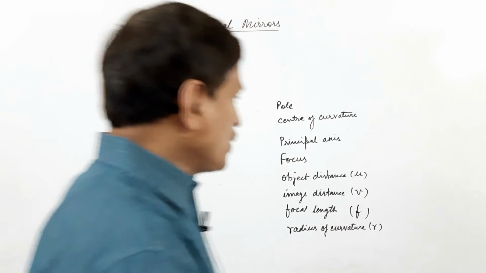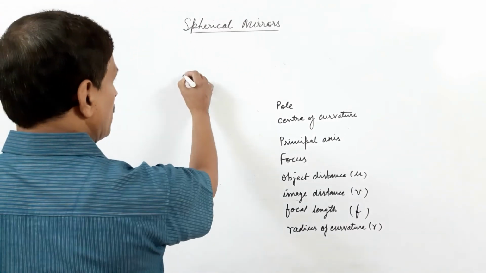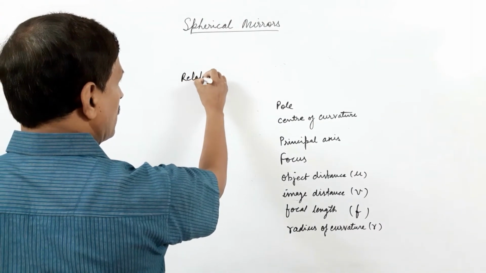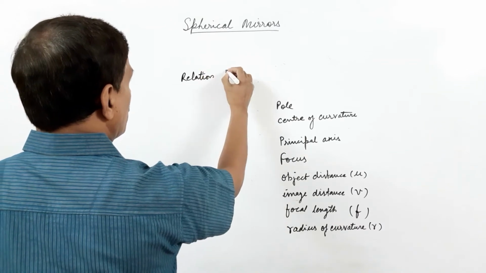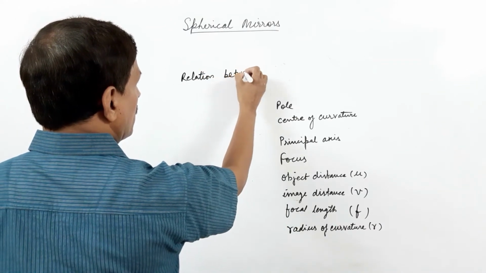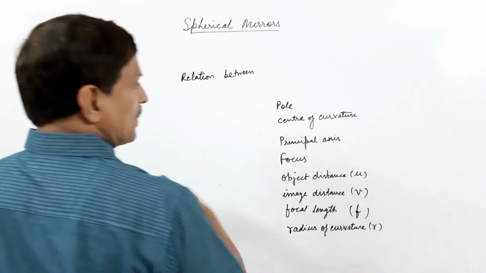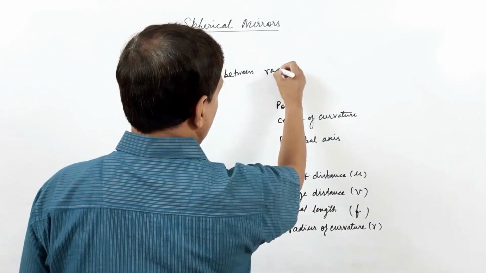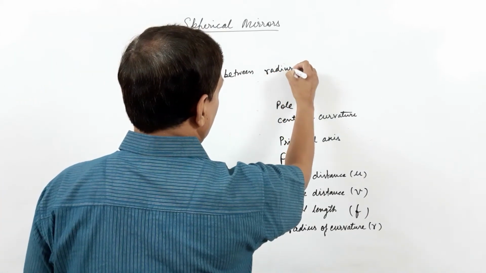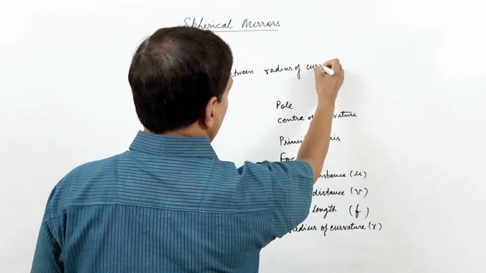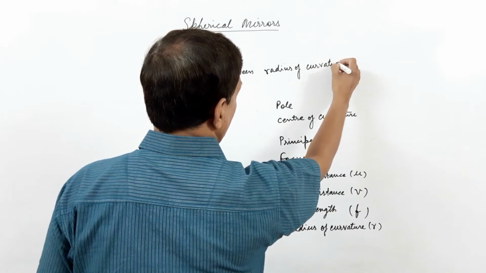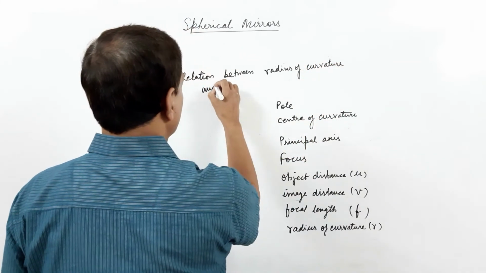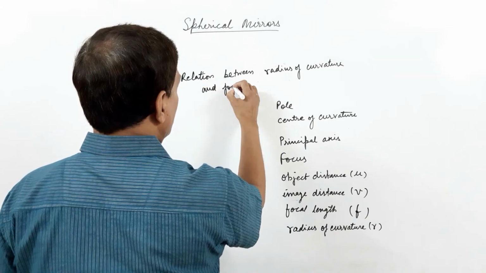Next is the relation between radius of curvature and focal length.